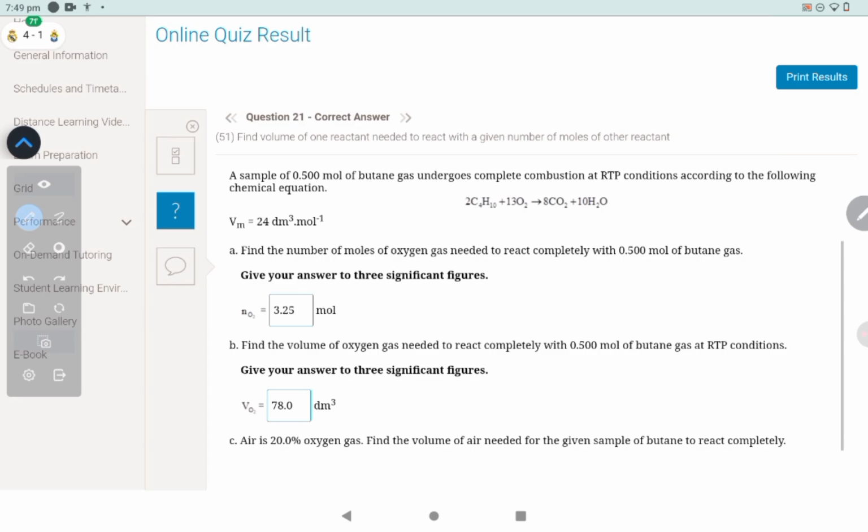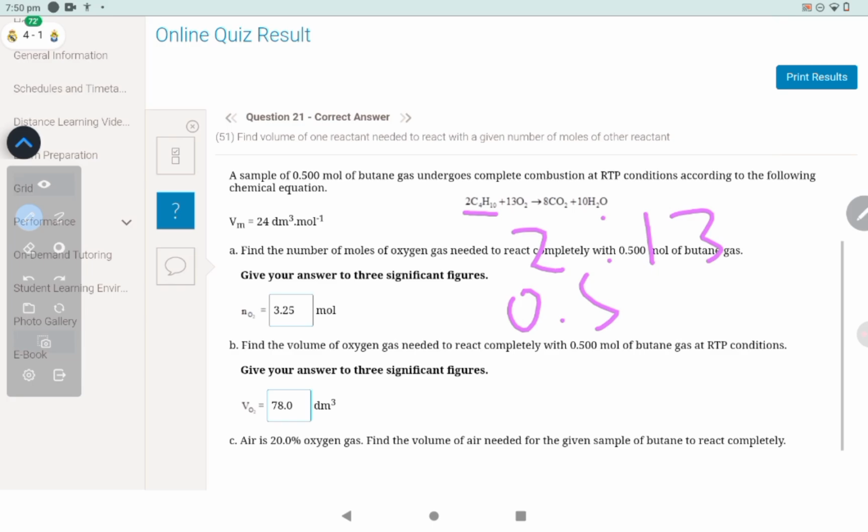So we can do MCR here again. So we have butane C4H10 2 and oxygen 13 to 0.5. When we do the cross multiplication, it gives us 3.25. Yes, the moles of oxygen gas needed to react completely with 0.5 moles of butane gas.